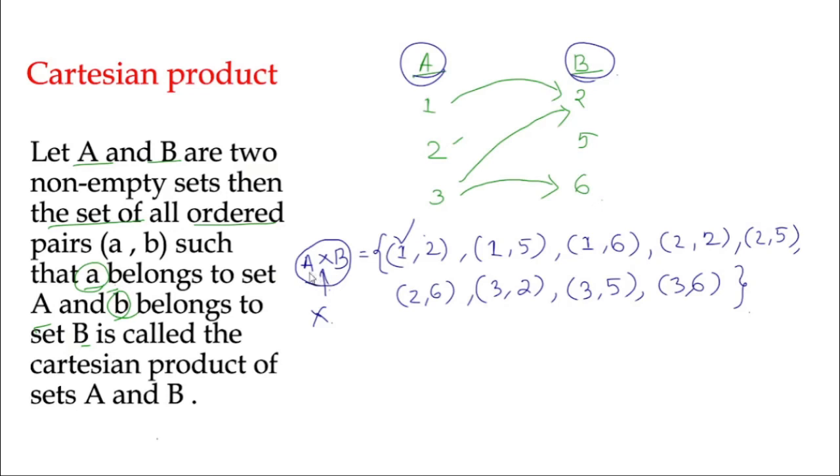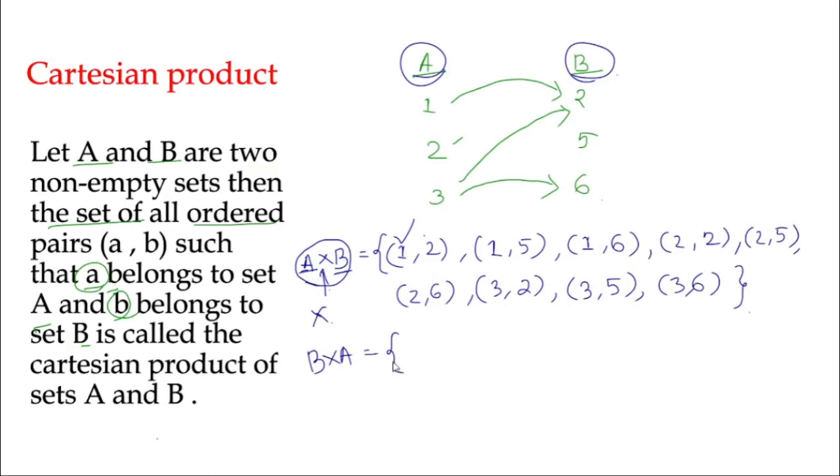So you can see here I am writing set A first and set B second because I am picking the element of set A first and the element of set B second. What if I write B cross A?